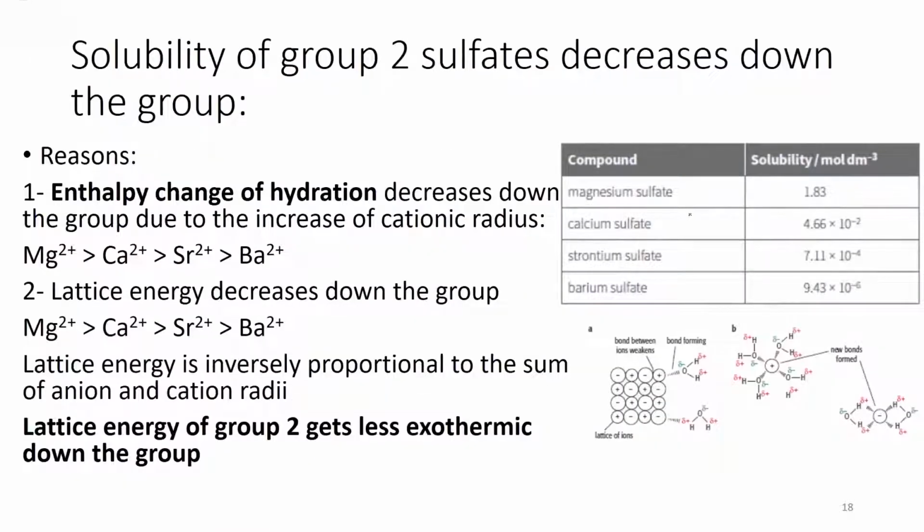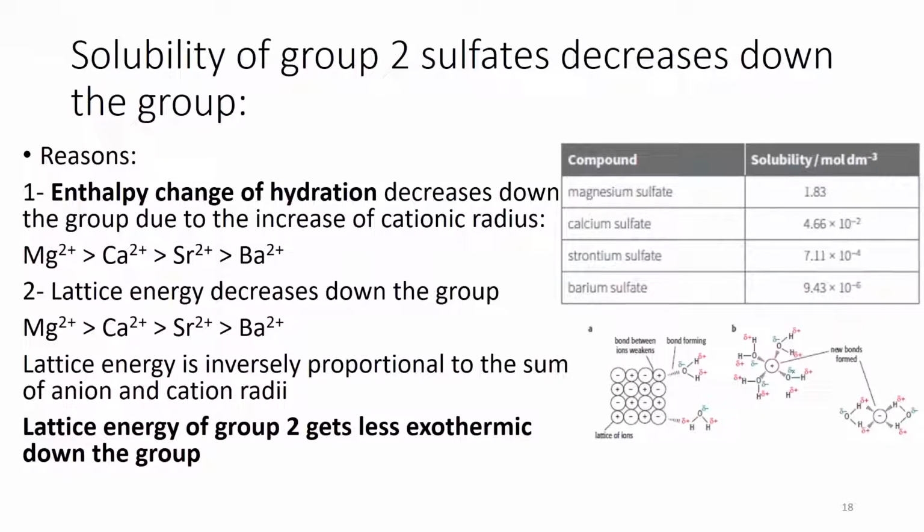Now, if we looked at the solubility of group 2 sulfates, it actually decreases going down the group. So the solubility of hydroxides increases going down the group, but here the solubility of sulfates would decrease going down the group. And the reason behind that is the enthalpy change of hydration.